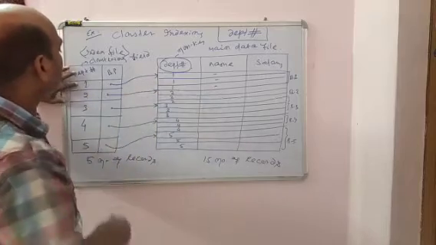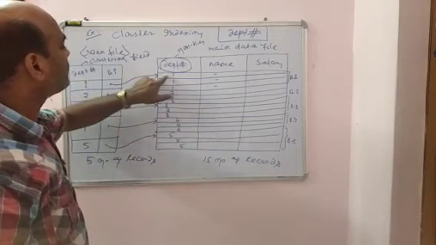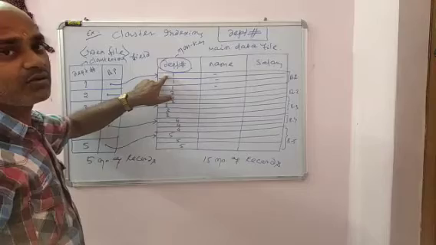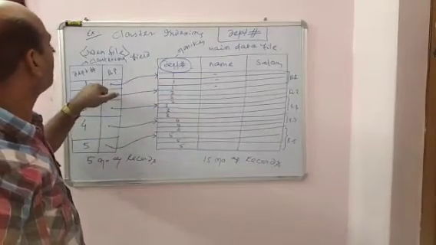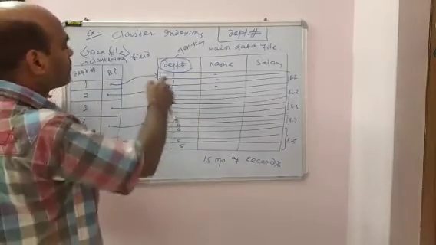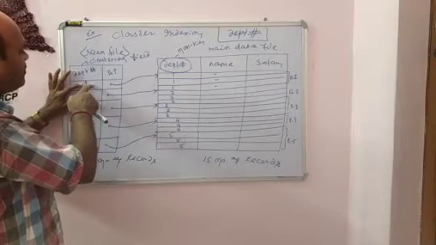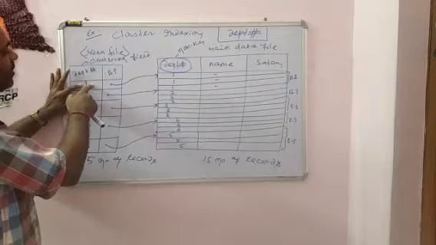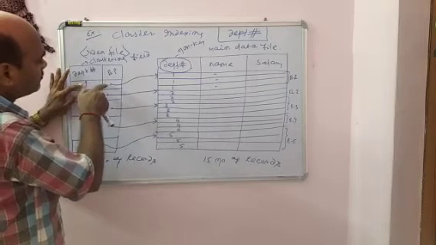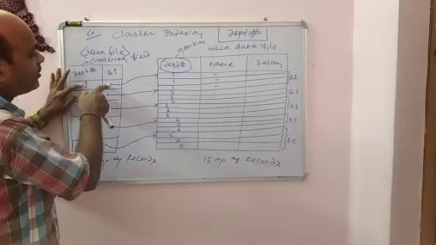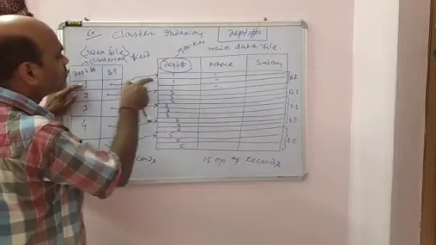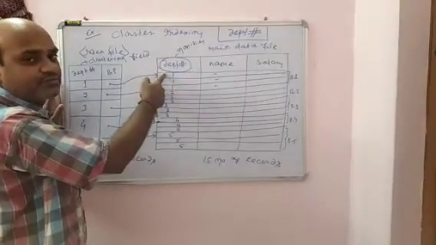The block pointer gives the location of the first record having the same cluster field. Here the cluster field is the department number. So in the index file, this field will store the block pointer that points to the first record.